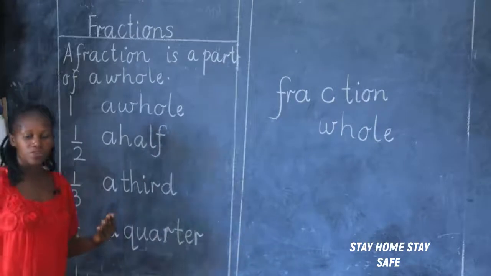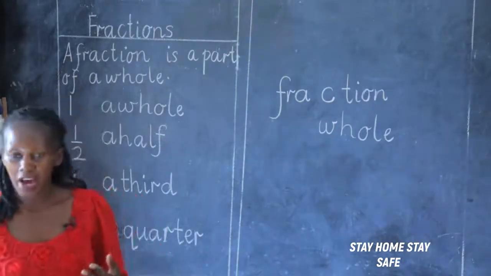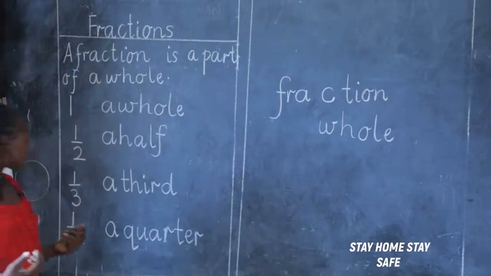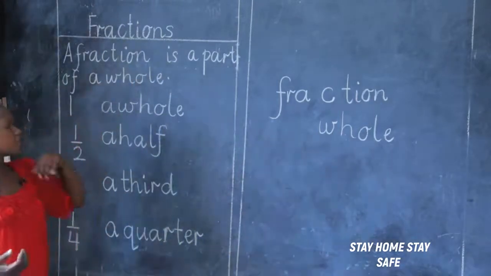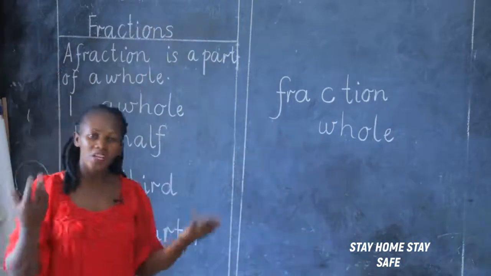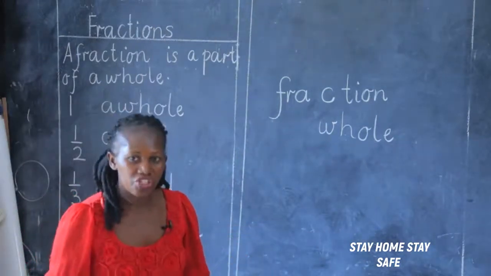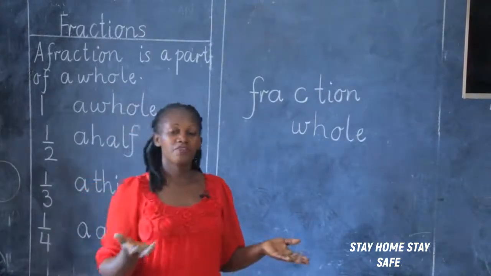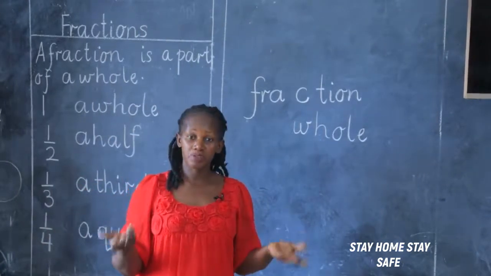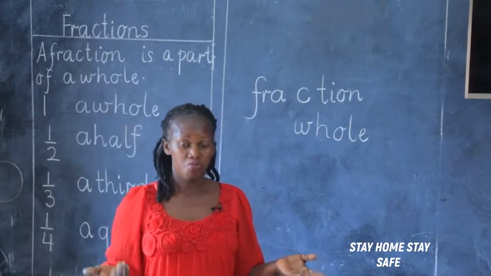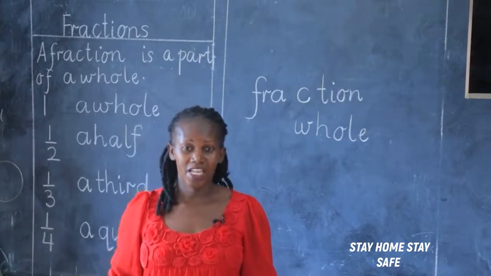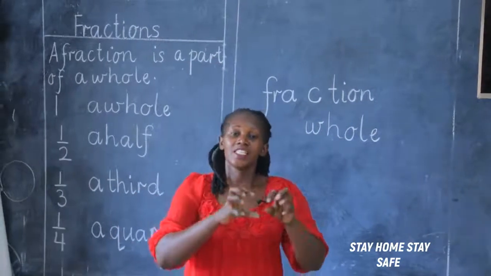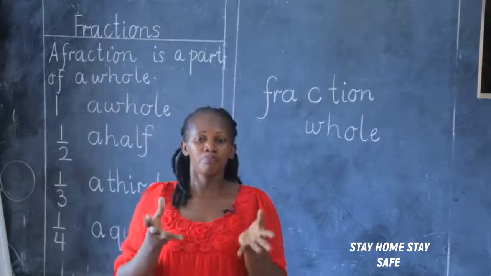These are what we are going to learn today. We have learned fractions. Remember, I told you a fraction is part of a whole, a part of any whole thing. If it's an orange and you cut it into 5 pieces, still you have made a fraction. If it's a piece of bread, you bought bread from the supermarket and it was sliced, even if it's sliced, it is still a whole because you buy it when it's packed.